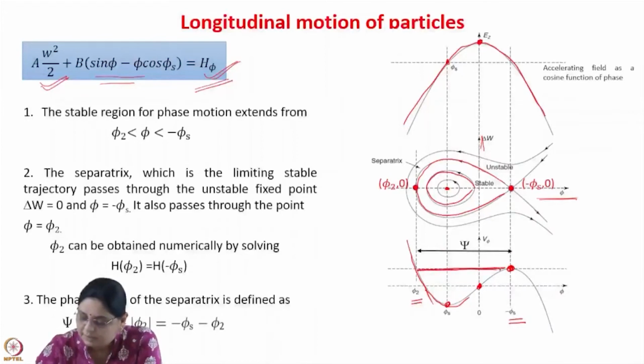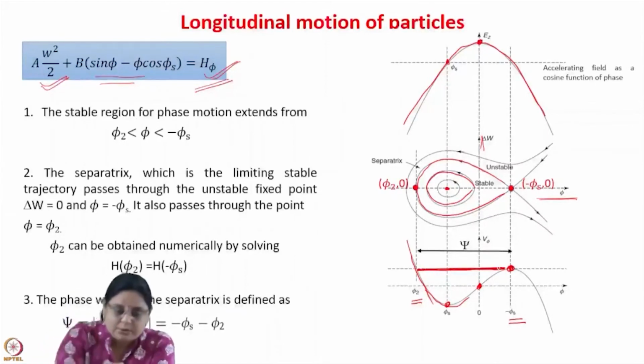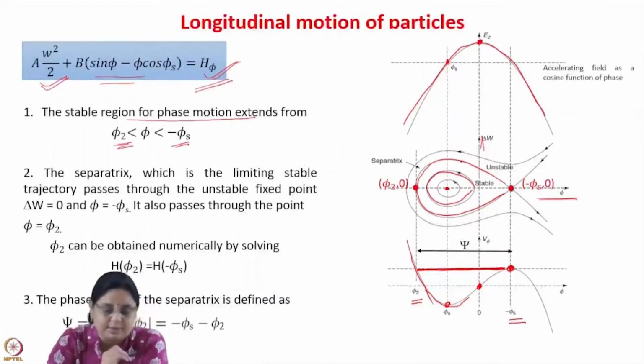So this is the extent of the stable motion. All particles that lie within this phase will have stable motion. So the stable region for phase motion lies between phi_2 and minus phi_s.